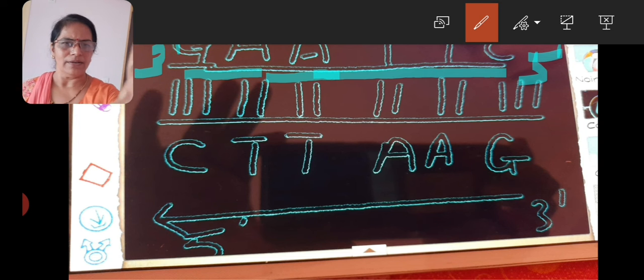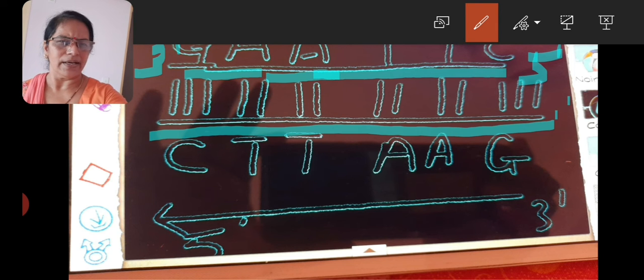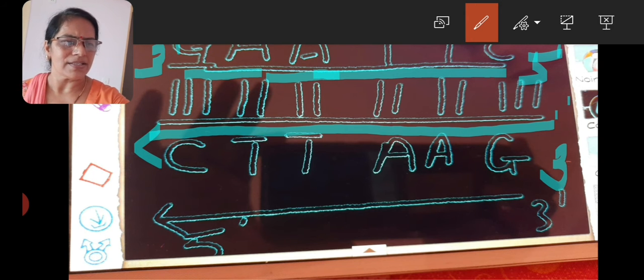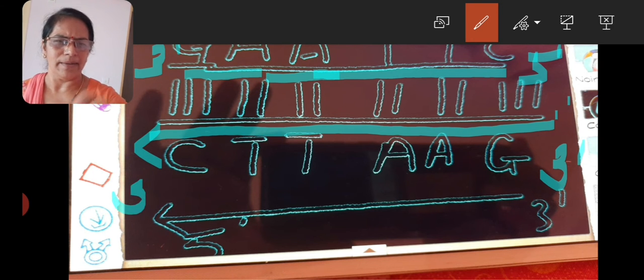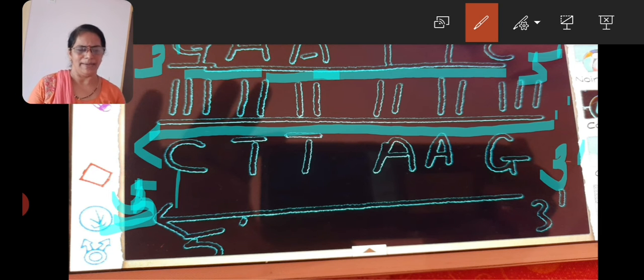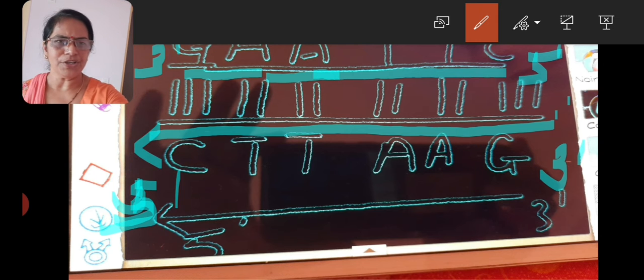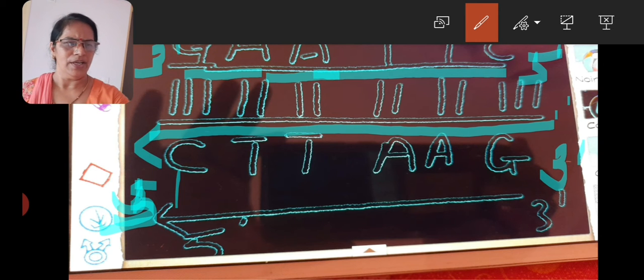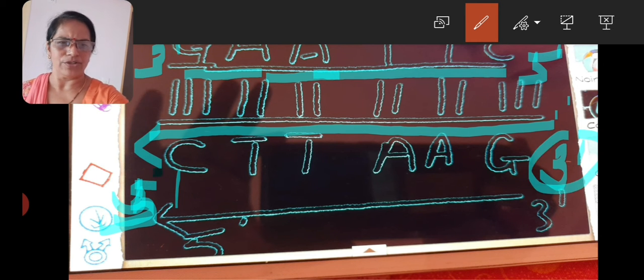So when we read in the forward direction, GAATTC, and the other strand here is also GAATTC. So this sequence of nucleotides is the same when we read forward and backward, when the orientation is kept the same. The orientation is 3' and 5' here, and 3' and 5' here.